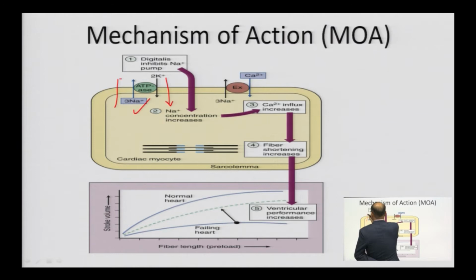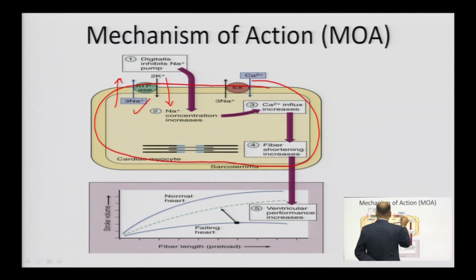The 3 sodium ions go out of the muscle cell, the cardiac muscle cell called the cardiac myocyte, in exchange for 2 potassium through ATPase.